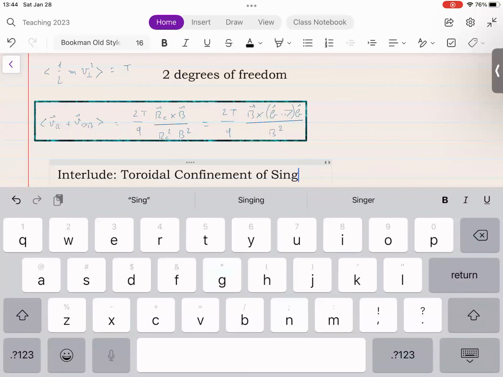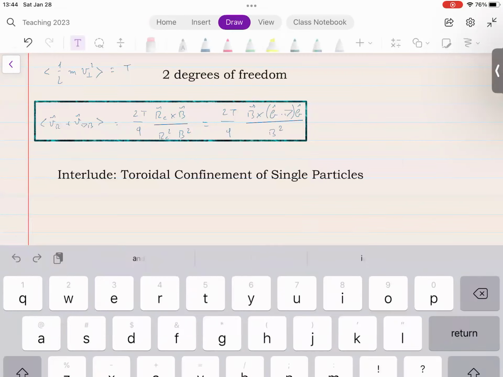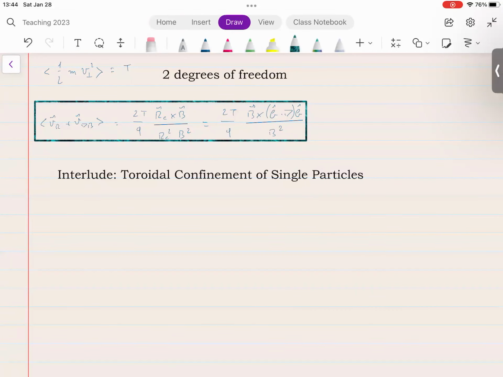The reason why this is appropriate here will hopefully become clear pretty quickly.